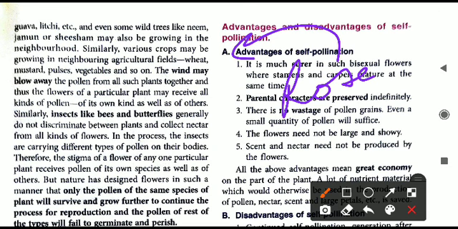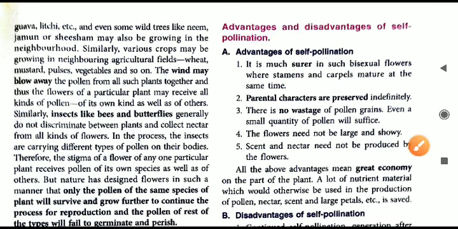It is not sure that these pollen grains will go on another rose plant. They may go on wheat, rice, or other flowers like jasmine or sunflower. So there is very little possibility that the pollen grains of one plant species will go on another plant of the same type. That is why there is a very low probability of pollination taking place.